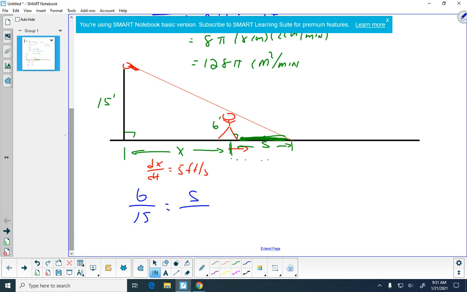But in the big triangle, what value would we have to put down on the bottom? Okay, we're just writing a ratio of corresponding sides of these two triangles. So we have 6 to 15 is equal to S to what of the big triangle?